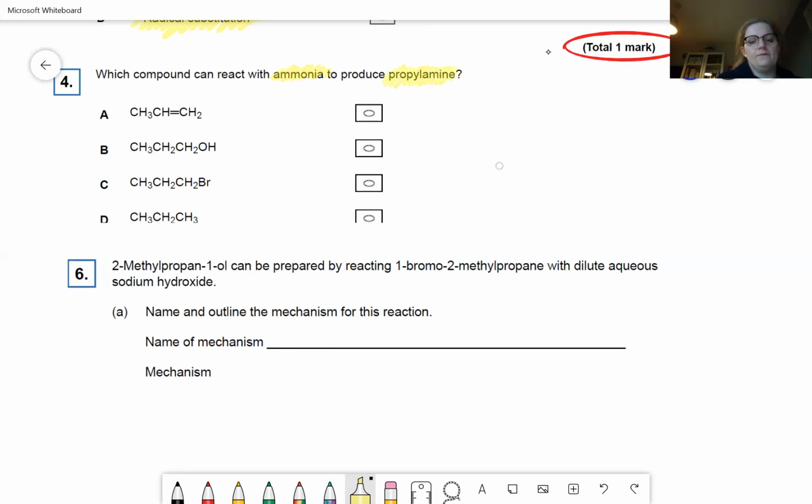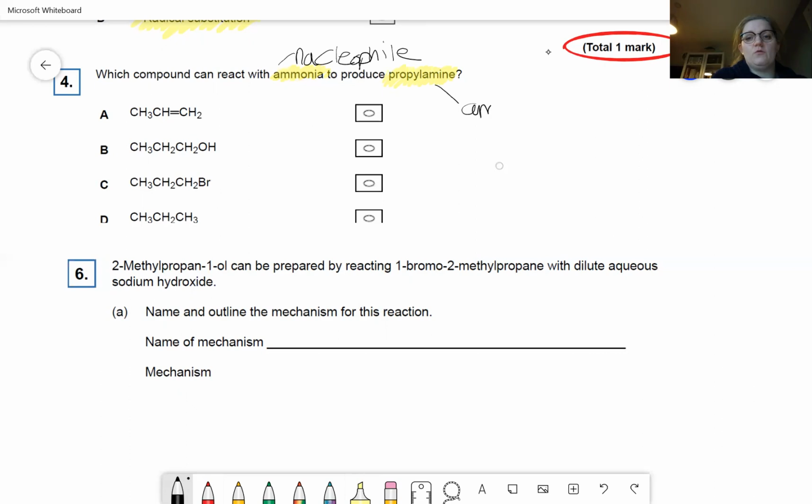So first of all, let's look at what's interesting. Well, we've got ammonia. So we know ammonia can be used as a nucleophile, and basically it's producing an amine.